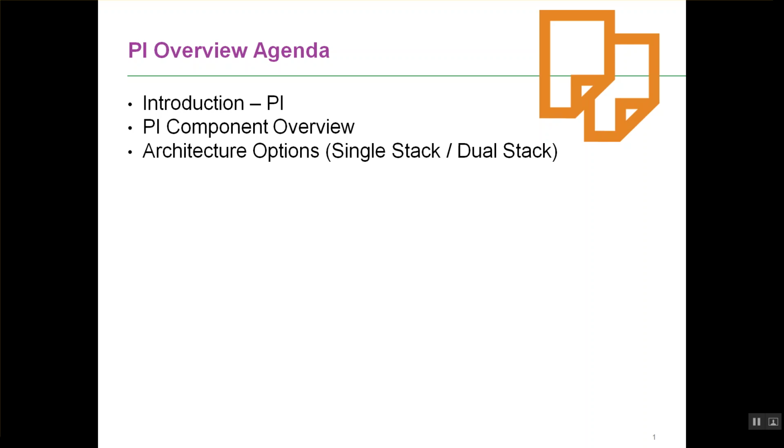All of those questions would get answered when we look at the architecture options. What are the architectures of PI? What is a single stack PI? What is a dual stack PI? And so on. Rest assured, the idea of this is to make sure that when you're done with this entire course, you not only understand the theory behind PI, but also are able to do a sufficient amount of hands-on.